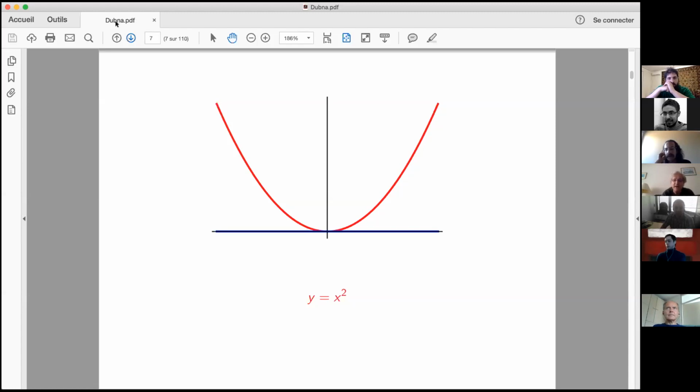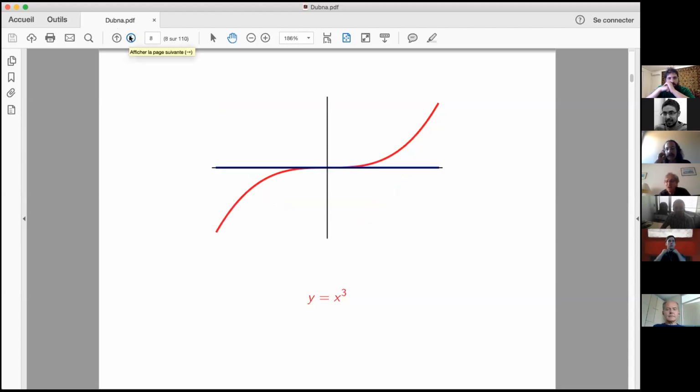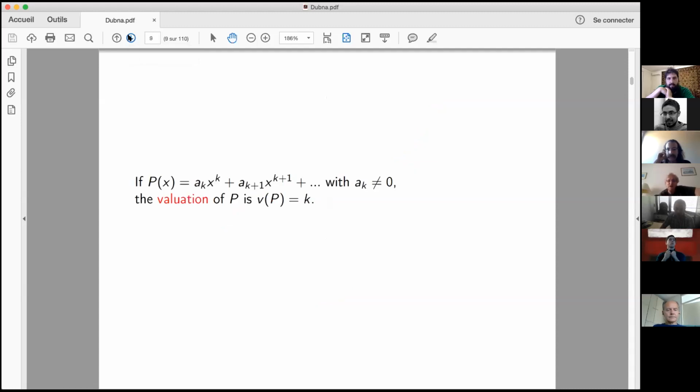But if you take x cubed, then you have the switch. 1, 2 gives 2, 1. And of course, the difference between these 2 cases can be easily understood using the concept of valuation. So here's a definition.